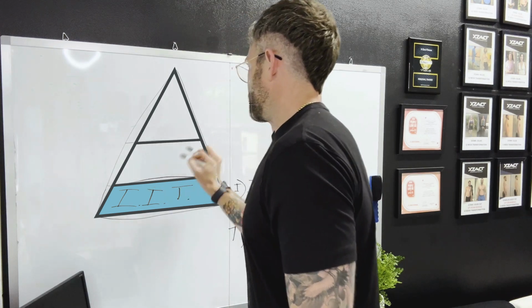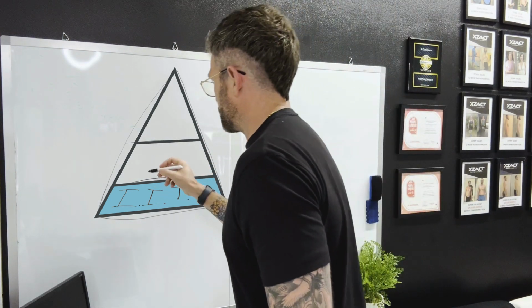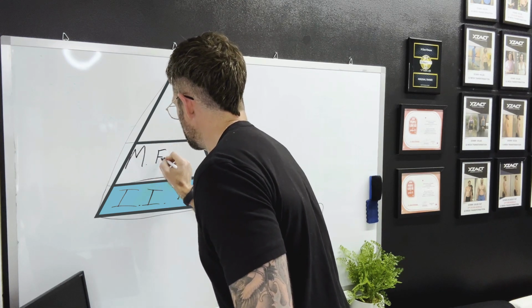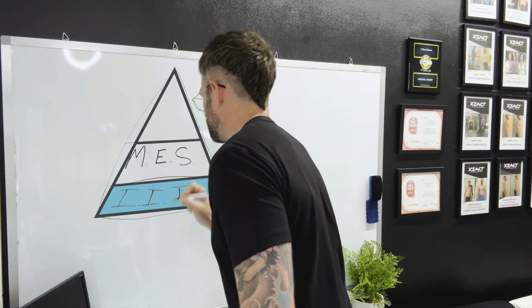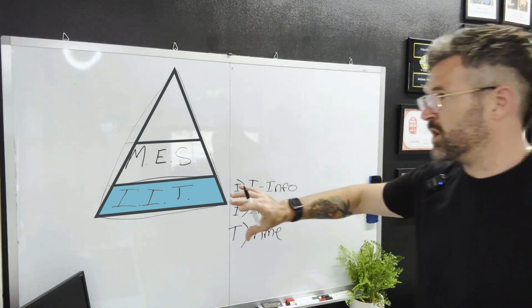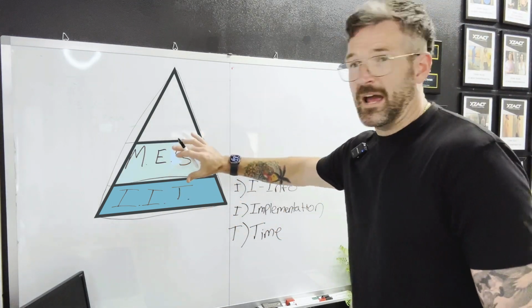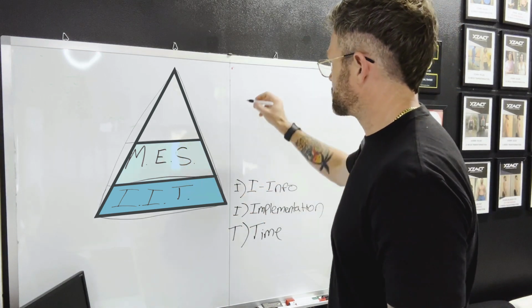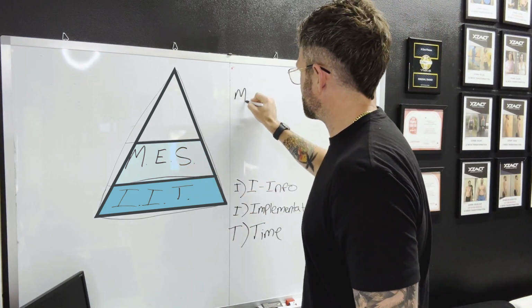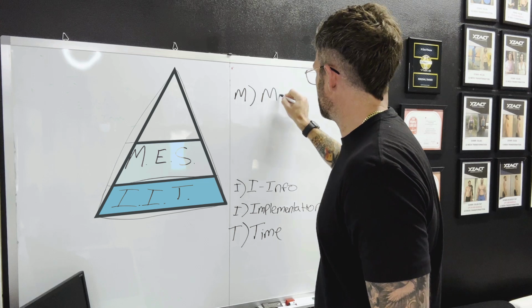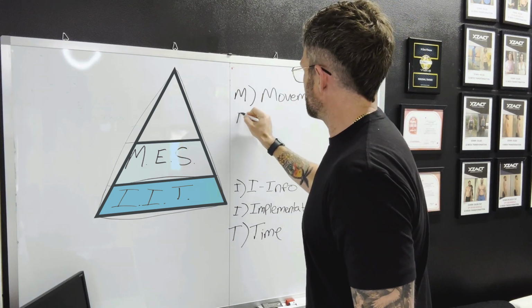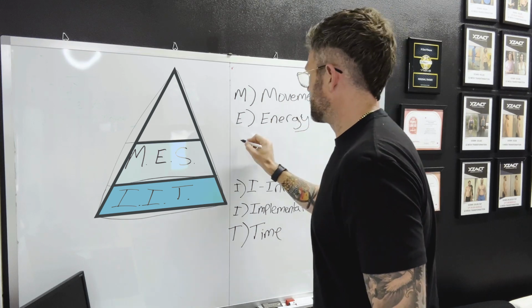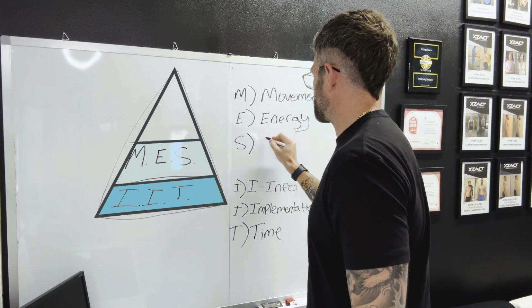The middle foundation is what you would do next, which is going to be met with M-E-S, mess. So once you know it, we can start to clean up the mess, and that's going to be this second portion, which M stands for movement, E stands for energy, and S is going to stand for support.